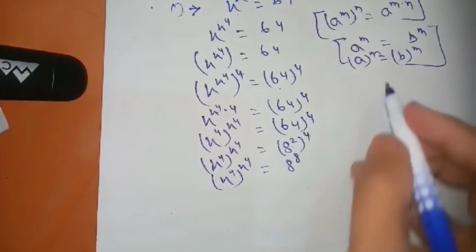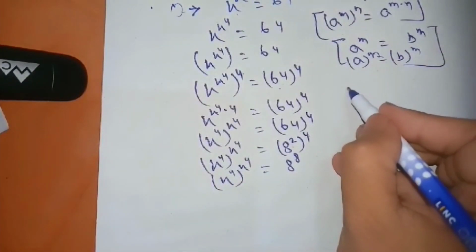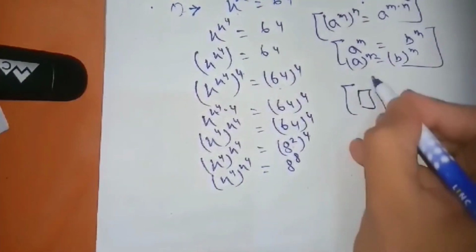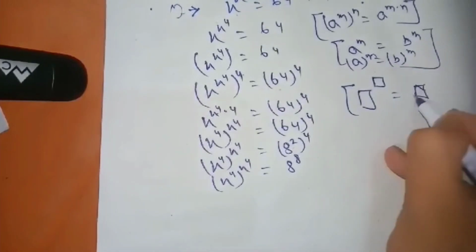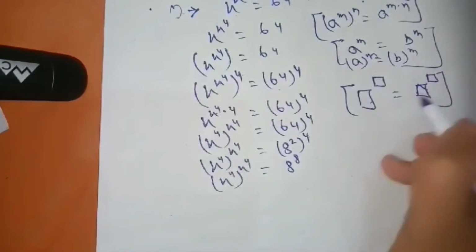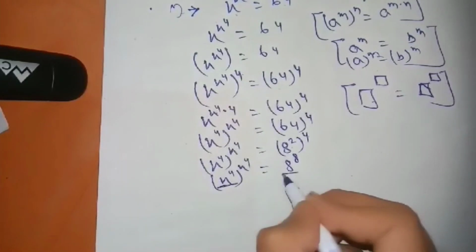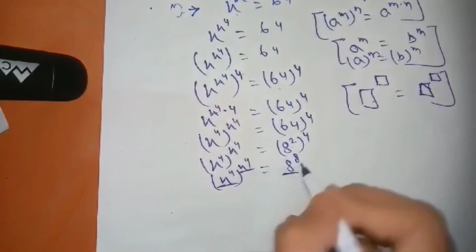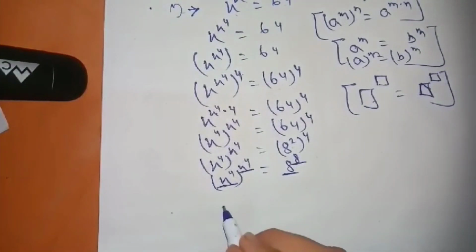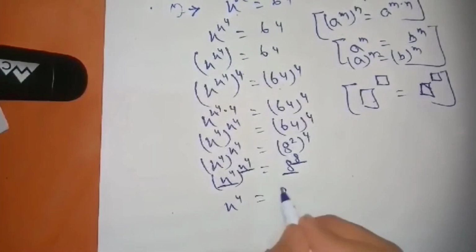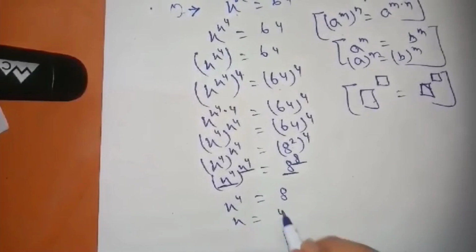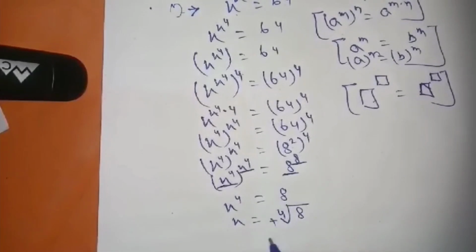And there is a comparison formula that if something to the power something is equal to something to the power something, we can compare the bases. So here we assume x to the power 4 as 8 and x to the power 4 as 8, so we can write x to the power 4 equal to 8. So x can be written as plus minus 4th root of 8.